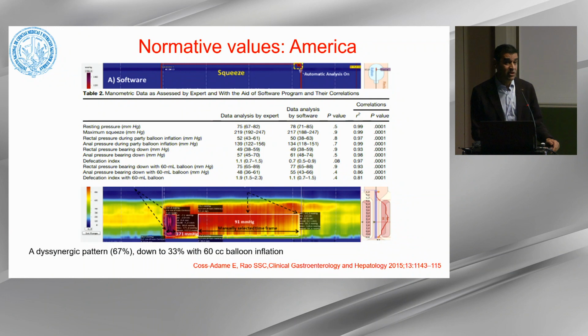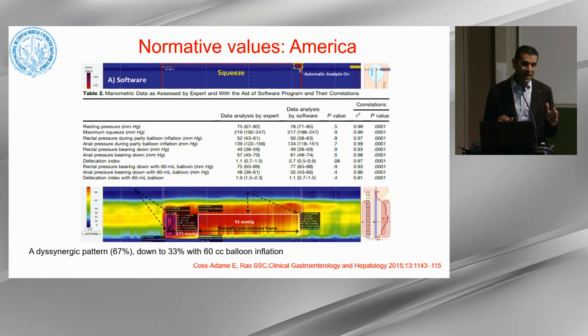But what we found also is that using this technology, we found almost 67% of dyssynergic patterns. And when we inflate the balloon up to 60 cc's, it decreased to 33% for dyssynergic pattern.